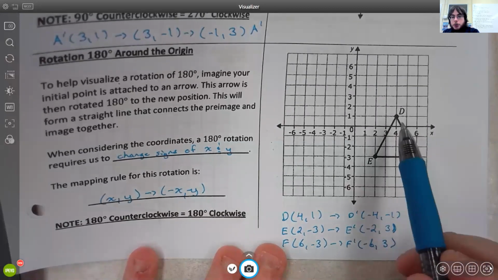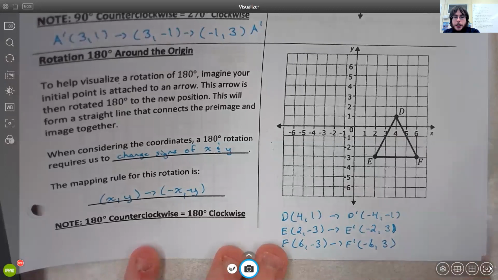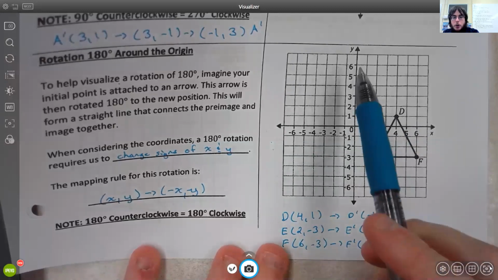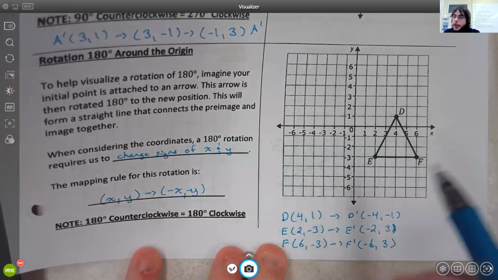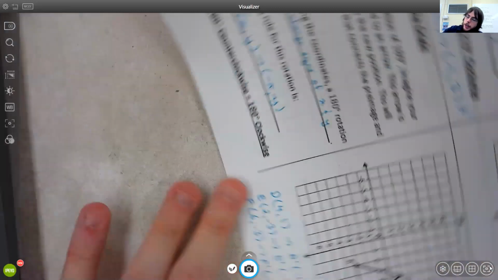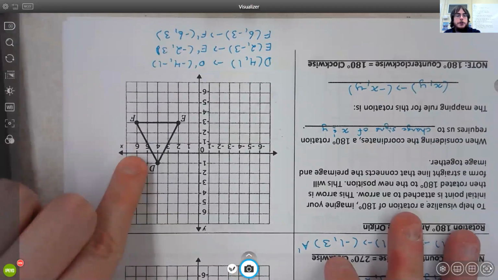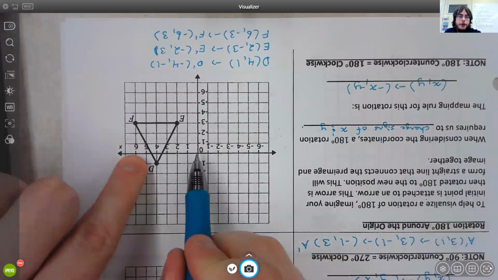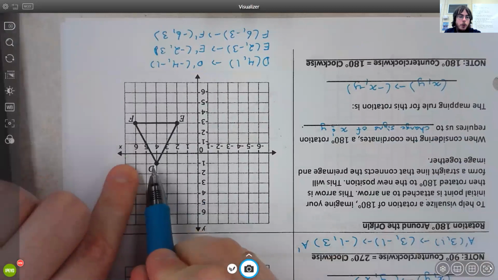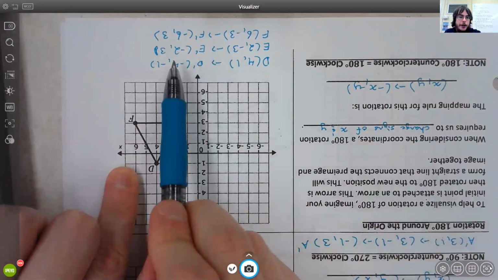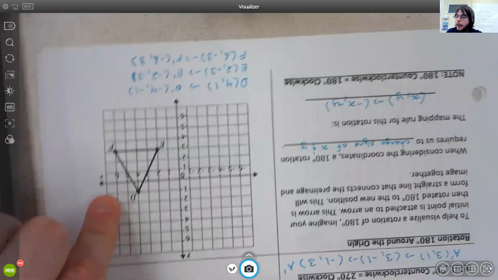Now we're going to plot it using the rotation method, and then we're going to compare what we plotted to see if it is indeed the same. So with a 180-degree rotation, we are going to end up with our paper being upside down. So let's go ahead and do that. So your new coordinates for D, you have to go left 4, down 1. So in other words, your coordinates are -4, -1, and that matches up with our D prime.